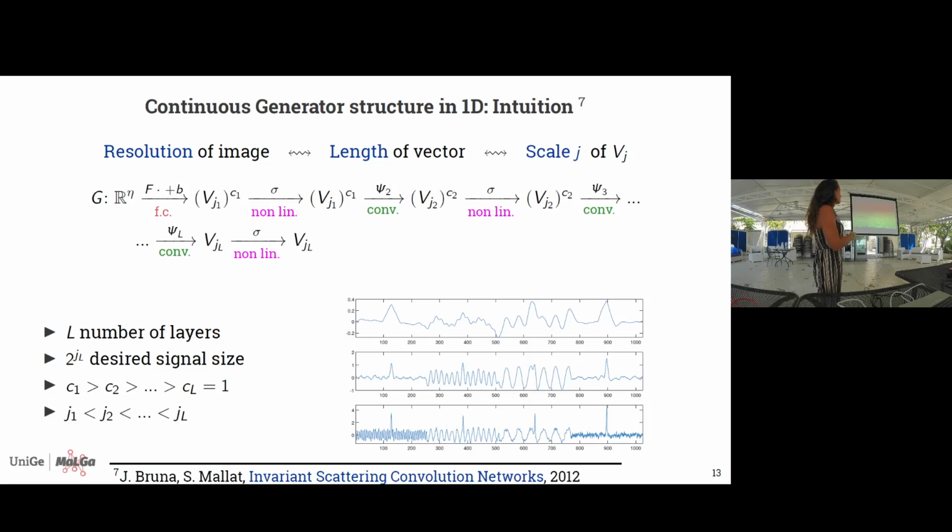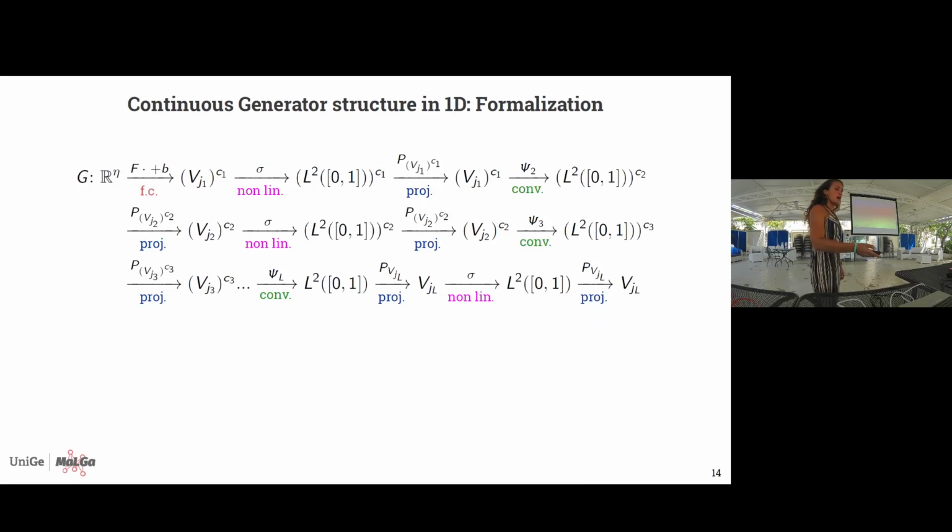But there is a problem: we don't know if after the nonlinearity or after the convolution we remain in a scaling space. So to do this formally, we have to introduce a projection after each nonlinearity and after each convolutional layer. And this is the real formalization we give of our convolutional generator, or convolutional generative model.